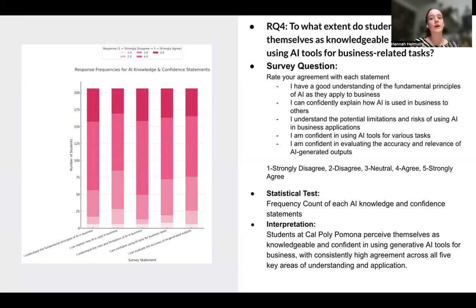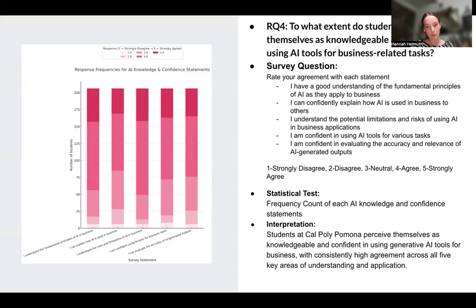The statements were: I have a good understanding of the fundamental principles of AI as they apply to business. I can confidently explain how AI is used in business to others. I understand the potential limitations and risks of using AI in business applications. I am confident in using AI tools for various tasks, and I am confident in evaluating the accuracy and relevance of AI generated outputs.